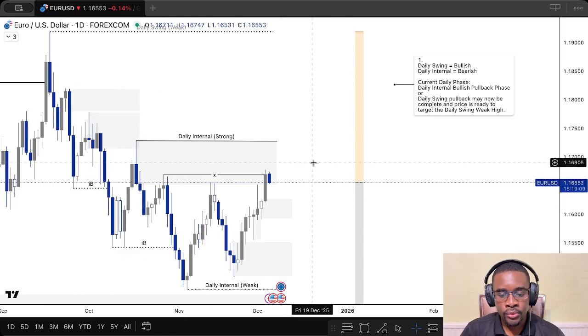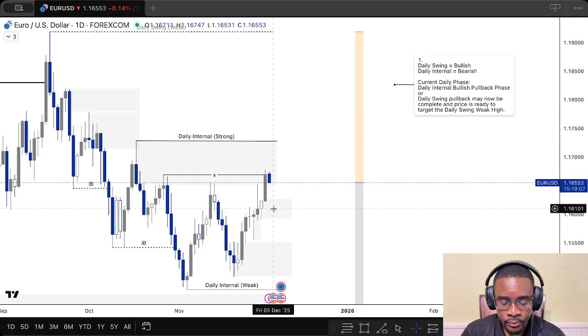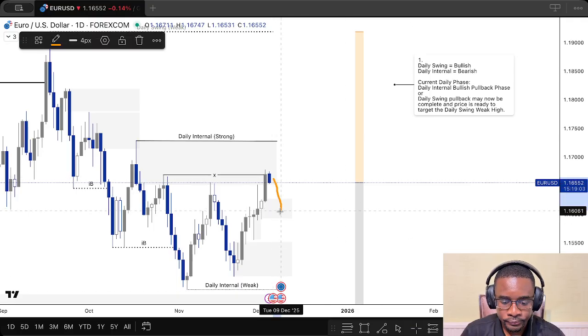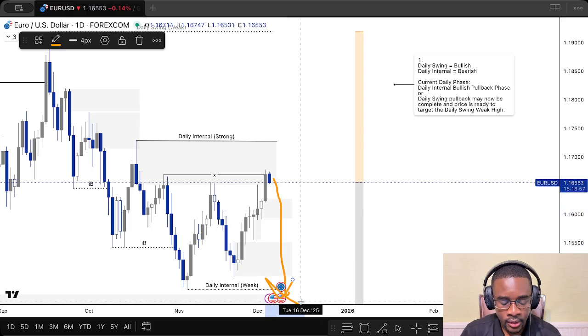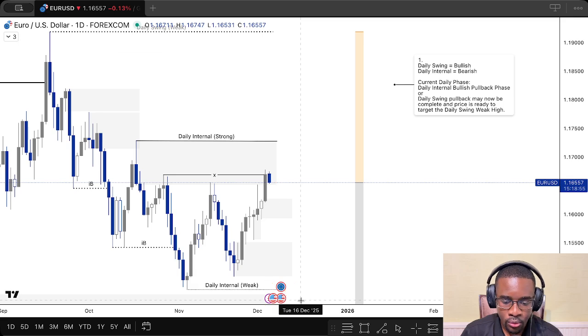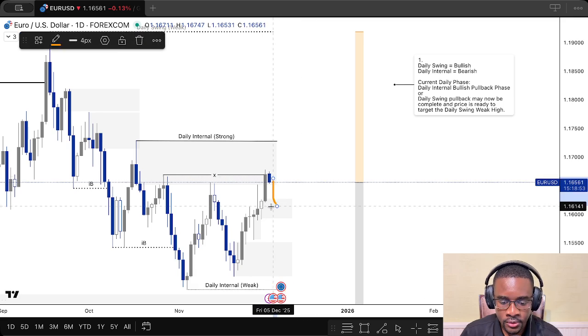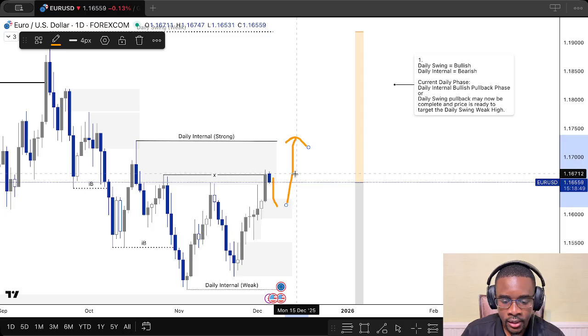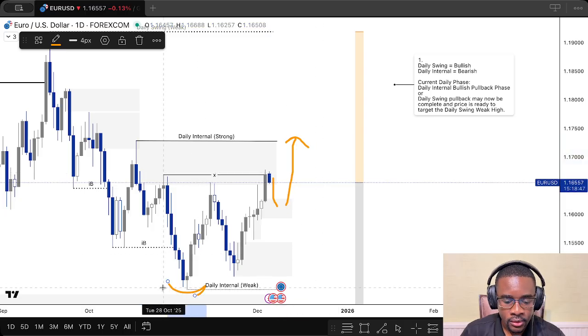so that could be a sweep of the highs, and price is now pulling back. So we say price could pull back to take out the internal weak low, or this could just be a pullback into this demand for price to then continue bullish to take out the strong high, because we could have made our strong higher low.